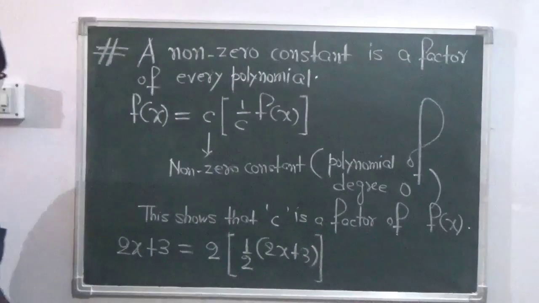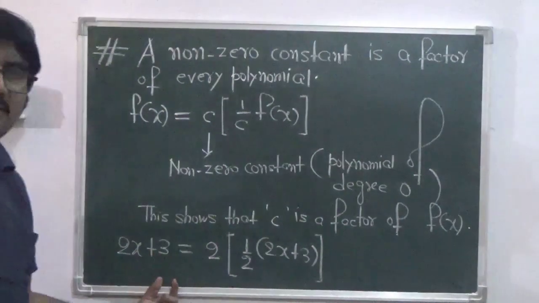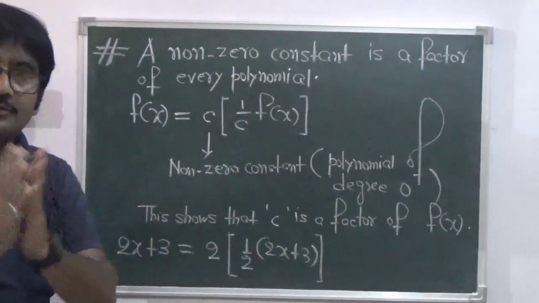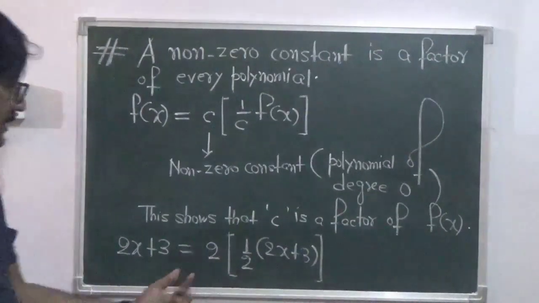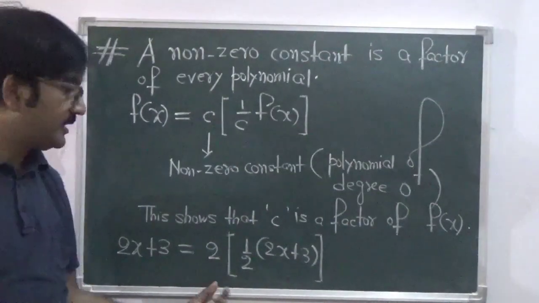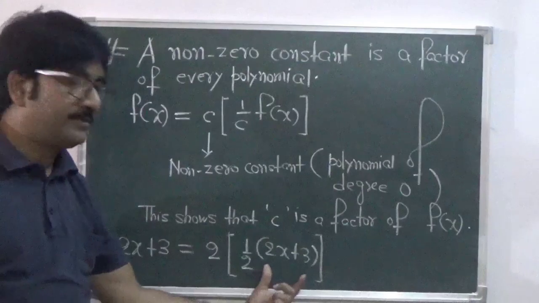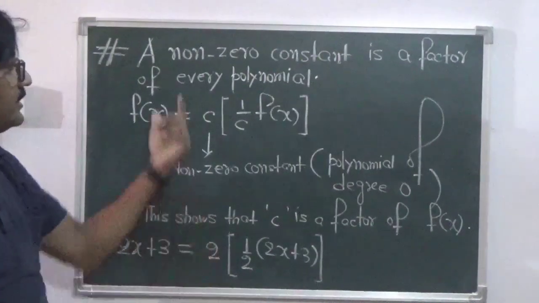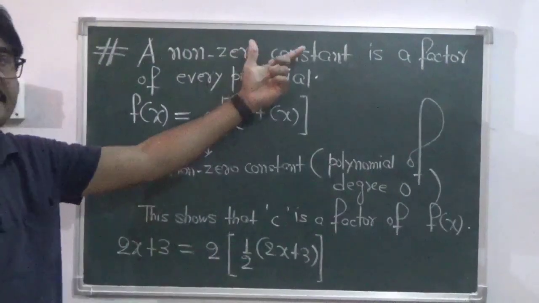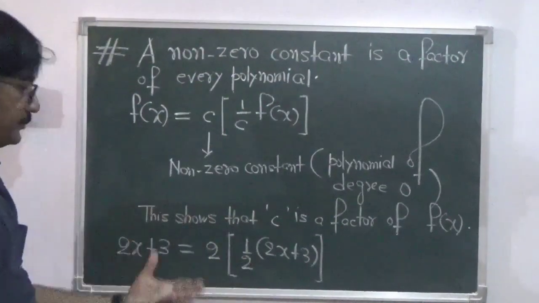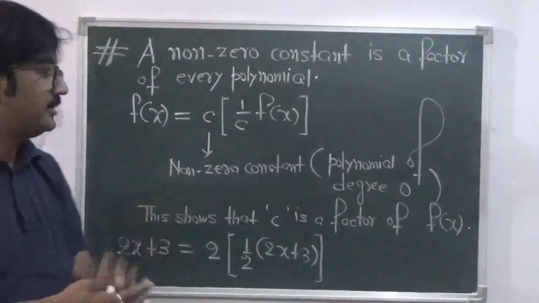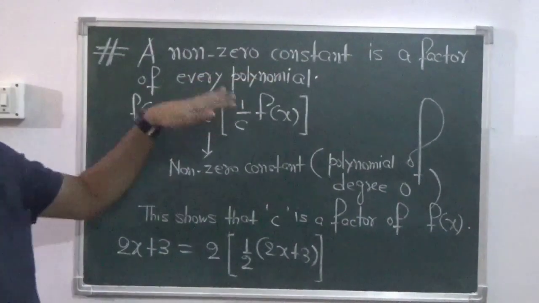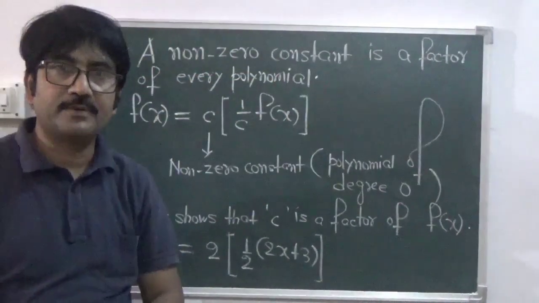That means this polynomial 2x plus 3 is written as a product of two different polynomials. One is 2, a constant polynomial, and another is half of 2x plus 3. Hence you can say that this 2, which is a non-zero constant, is a factor of this polynomial f(x). So a non-zero constant is a factor of every polynomial.